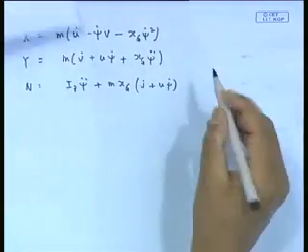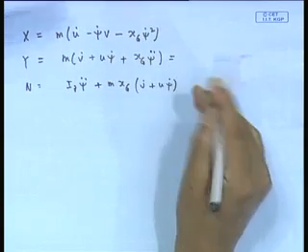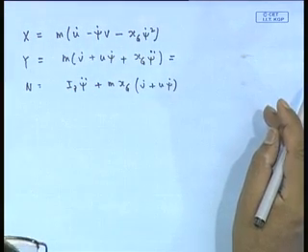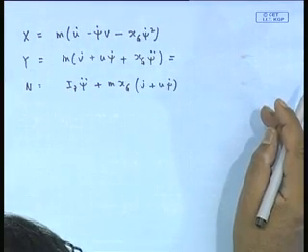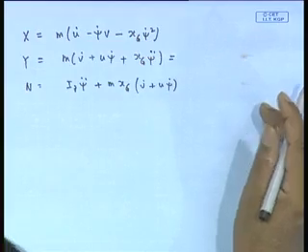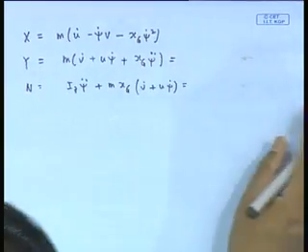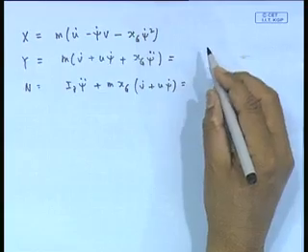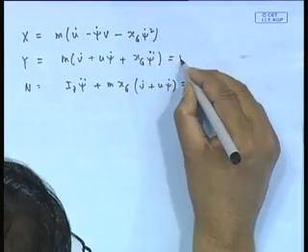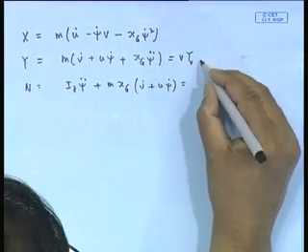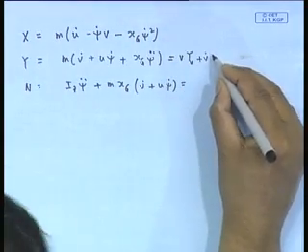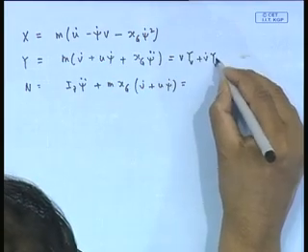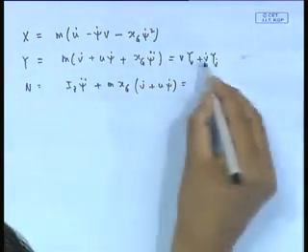Let me just write down these two cases. We will not bother about this first one as such. So I can say this: y v times v plus y v dot times v dot, because this y is this, right.